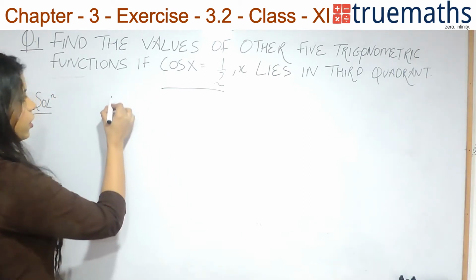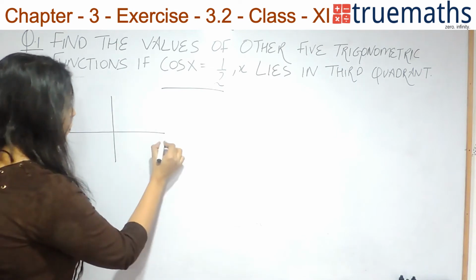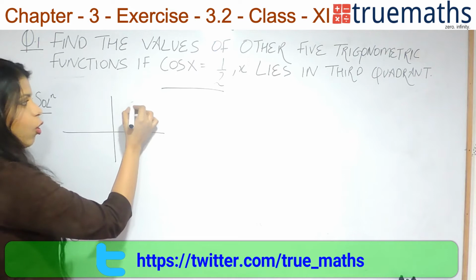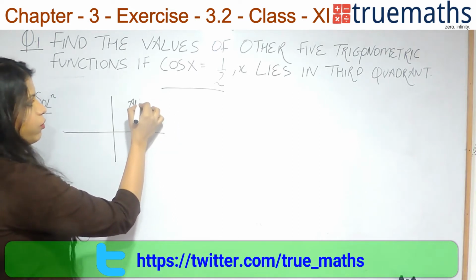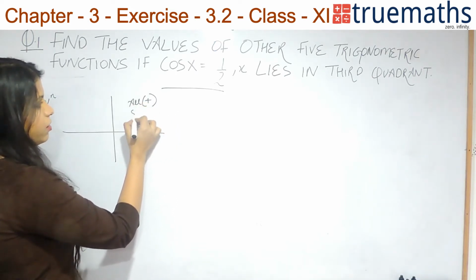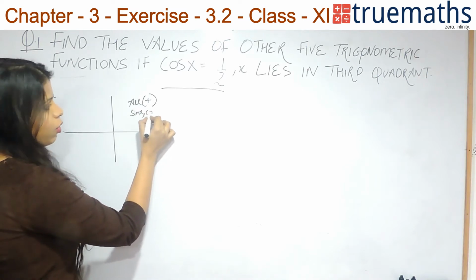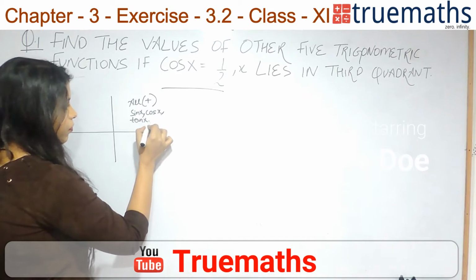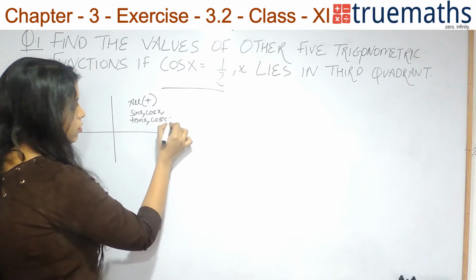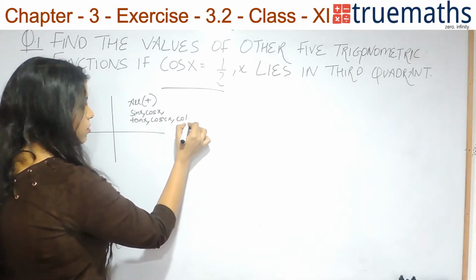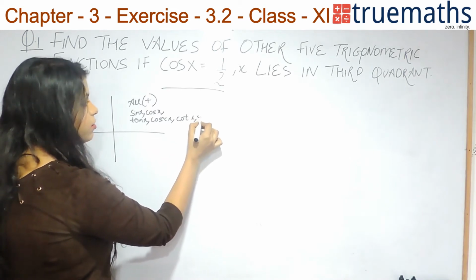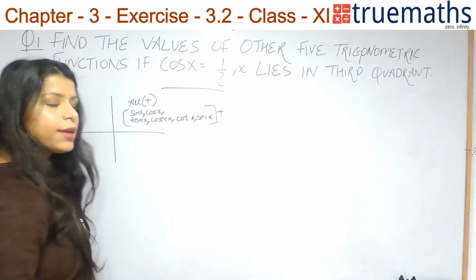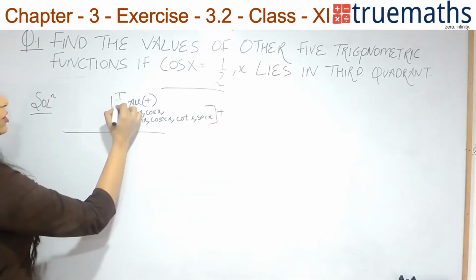Now if you plot these functions on the graph, then there is a rule that all the trigonometric functions here will remain positive, that is sin x, cos x, right, tan x, cosec x, cot x and sec x, all will be positive, right? That is in the first quadrant.